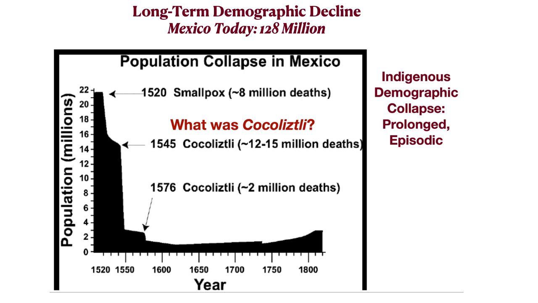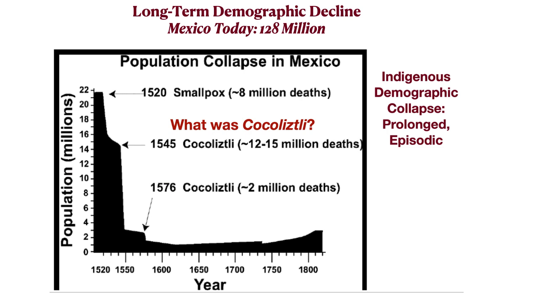One of the problems is, though, that the descriptions of this disease that was so devastating in these two epidemics don't really match measles all that well. So that is an issue. The other thing to note from this graph is how slowly the population rebounded. It would eventually, but it's really not till the 1800s that it starts to rebound.